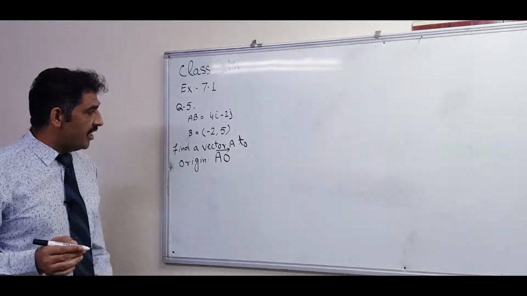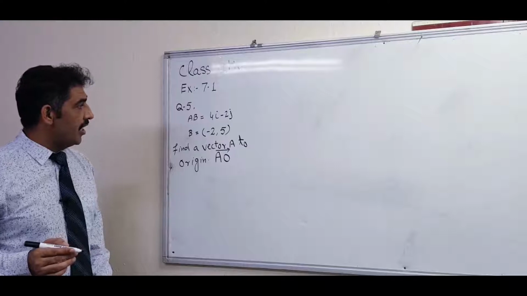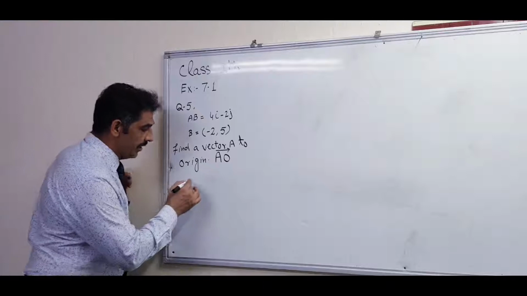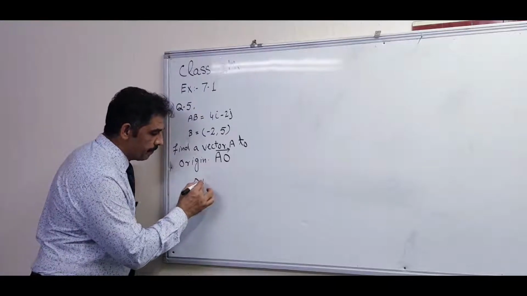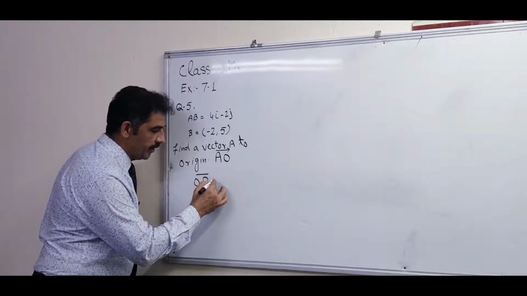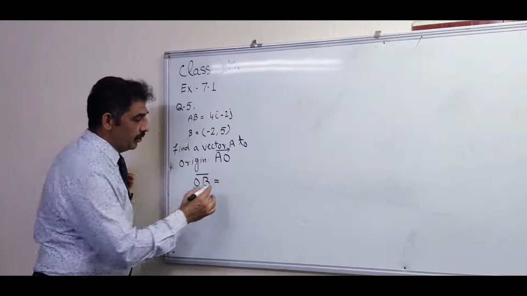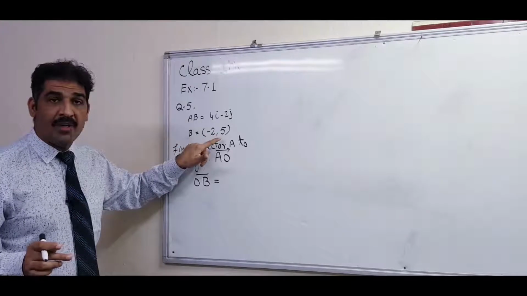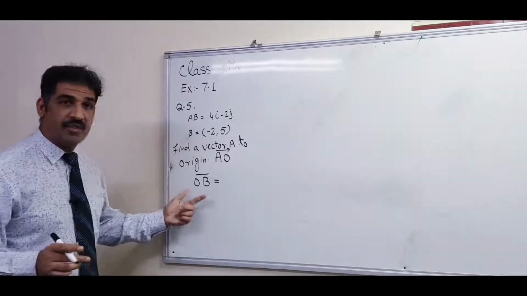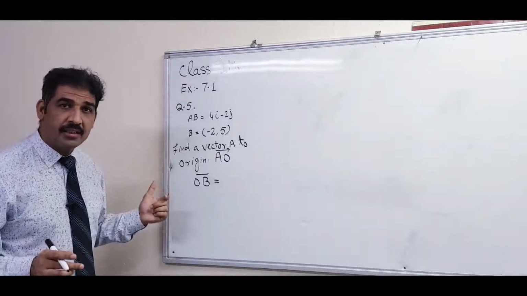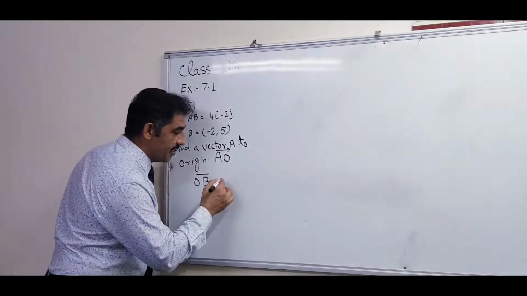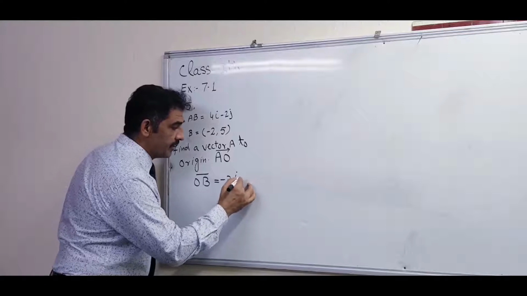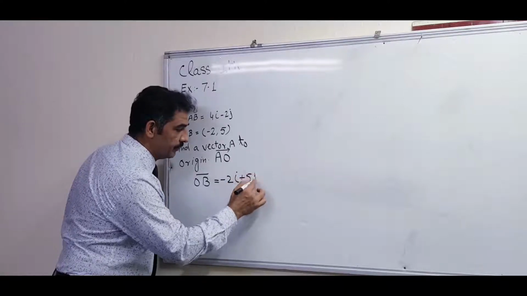When we have to find this value, first of all we have to find OB, then we will put the definition of AB. So what is the value of OB? B is equal to (minus 2, 5), and if we connect it with the position vector, OB is minus 2i plus 5j.